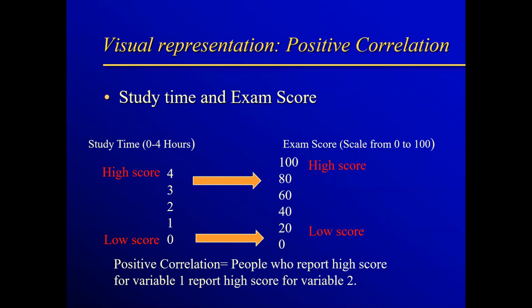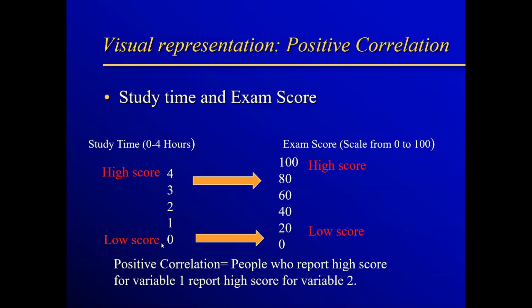But I want to show you this visually, because if you are struggling a little bit with the differences between positive and negative, visually this may help. So let's look at study time and exam score. On the left-hand side, I plotted this variable, study time. Let's say our scale ranges from 0 to 4 hours.